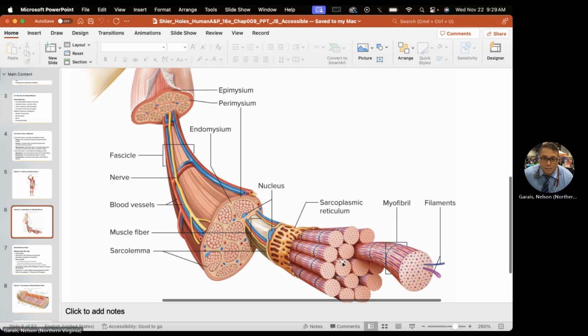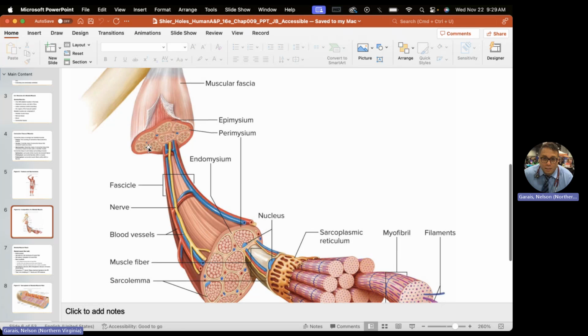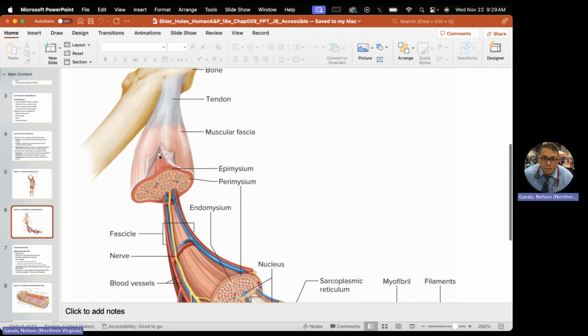Myofibrils get surrounded by the sarcoplasmic reticulum, and then muscle fibers get surrounded by the endomysium, fascicle gets surrounded by the perimysium, and all of this gets surrounded or bound by your epimysium. The next layer is the muscular fascia.